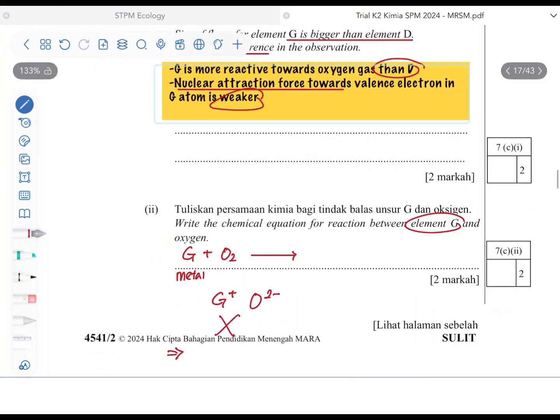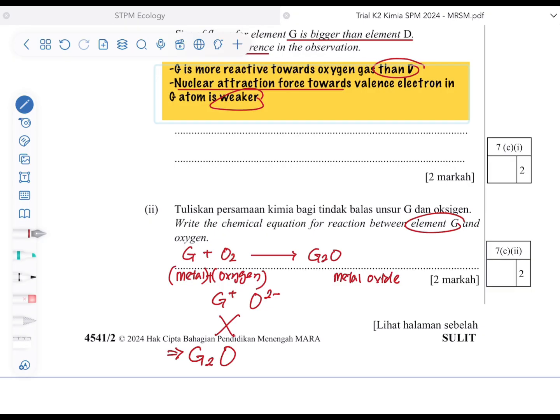If I want to write the chemical formula for the metal oxide, we copy down the G, and then copy down the opposite charge of it, and copy down the oxygen, with the opposite charge of the G, which is 1. We usually do not write out this 1, so the answer will be G2O.